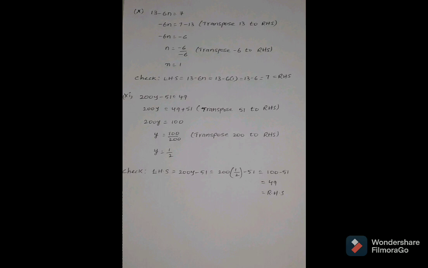Let us check. LHS. LHS equal to 200y minus 51. That equal to 200 into y value. How much? 1 by 2. 200 into 1 by 2 minus 51. 2 1s are 2, 100 2s are 200.